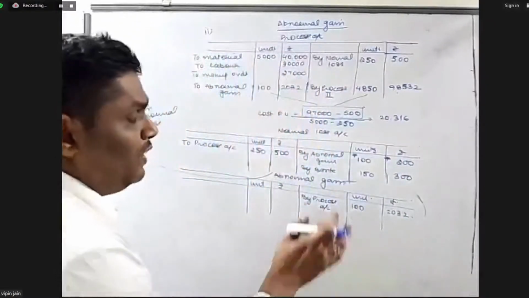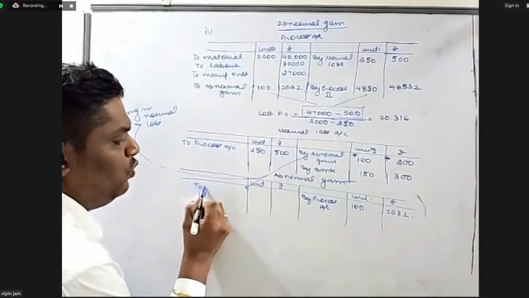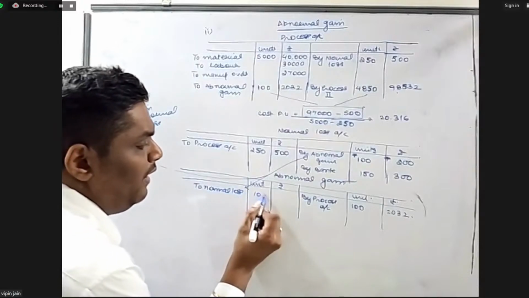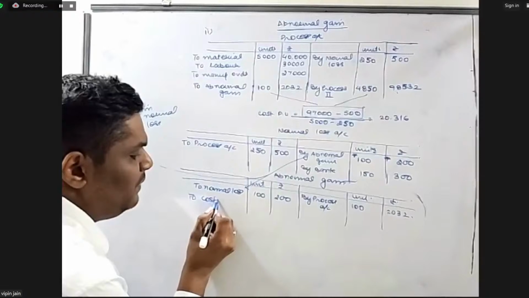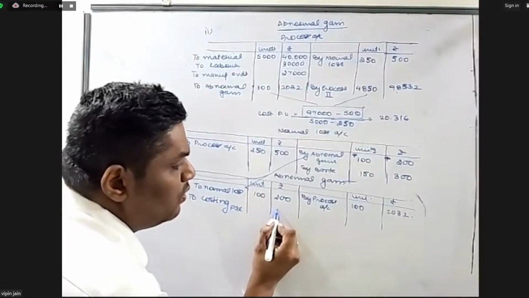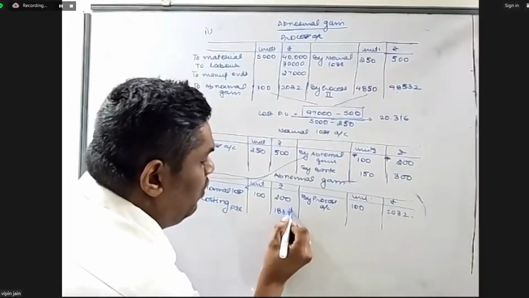That's why, when talking about abnormal gain, we will write to normal loss, 100 and 200, and the balance will be transferred to costing P&L. That is 1832.